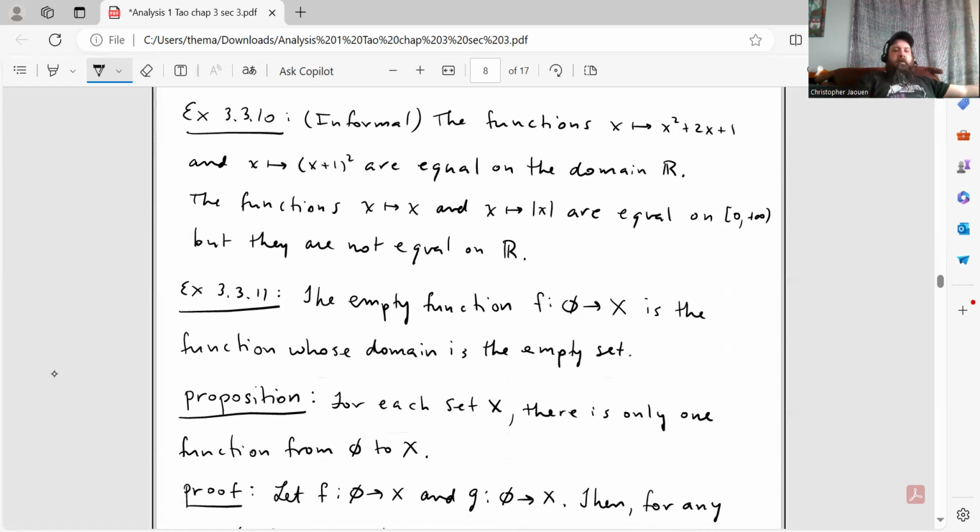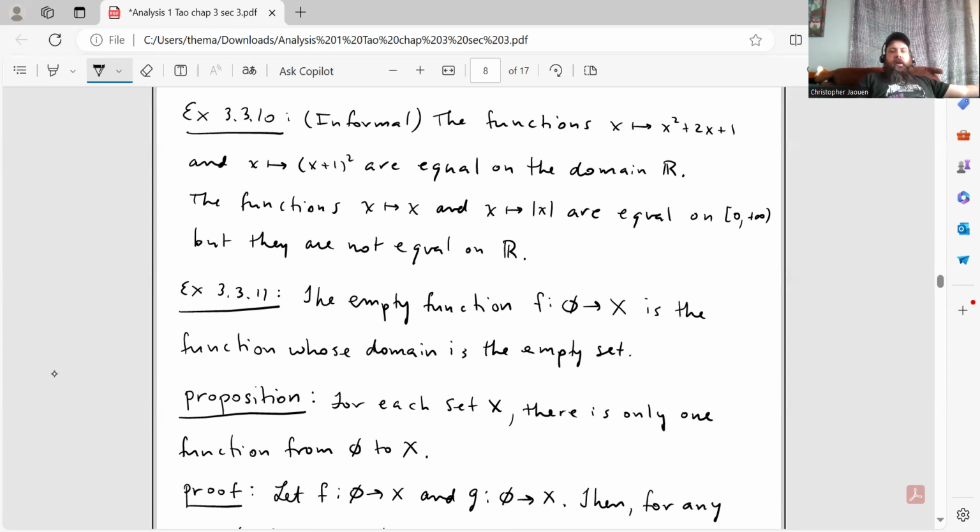So here, example 3.3.10. Again, this is informal because we haven't defined the set of real numbers yet. The functions x goes to x squared plus 2x plus 1 and x goes to (x plus 1) squared are equal on the domain R, because they're functions from R to R, and for every x in R, f of x is equal to g of x, right?